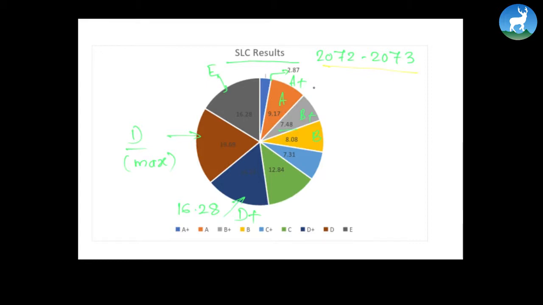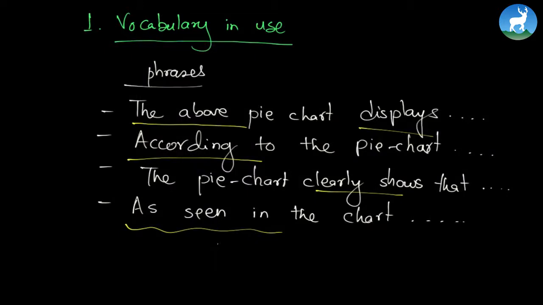The pie chart clearly shows that 19.69% of the students got D, which is quite insufficient in nature. The last one is, as seen in the pie chart, 16.28% of the students got E, which is very, very insufficient. Right. So these are the phrases that we used.